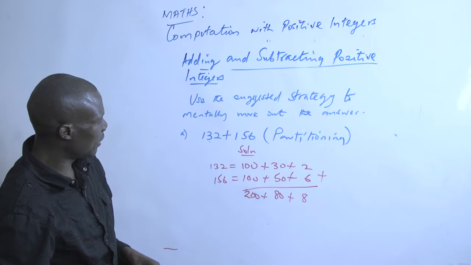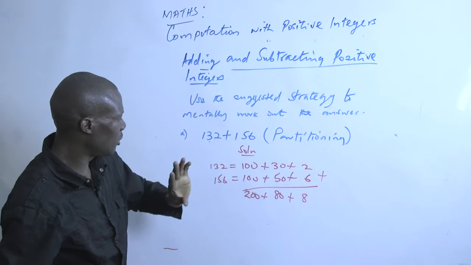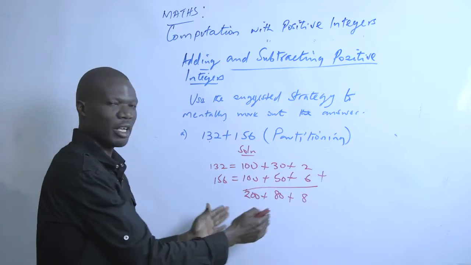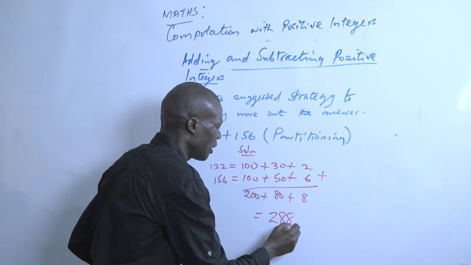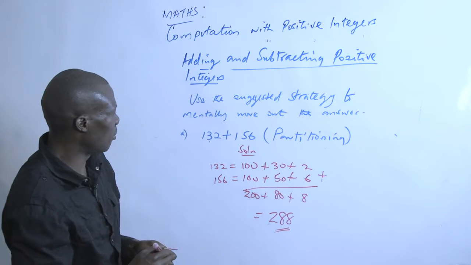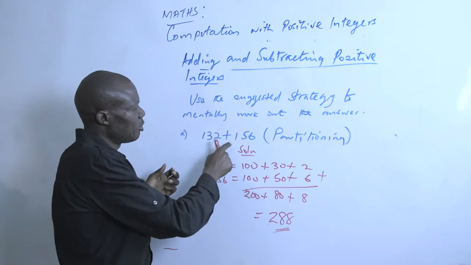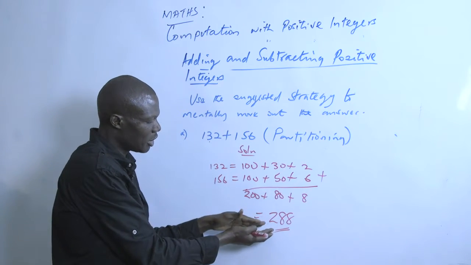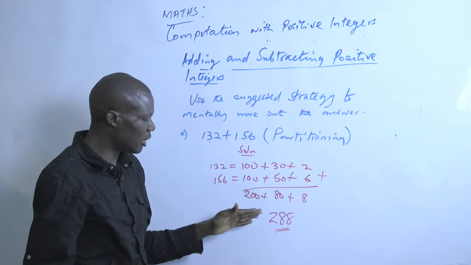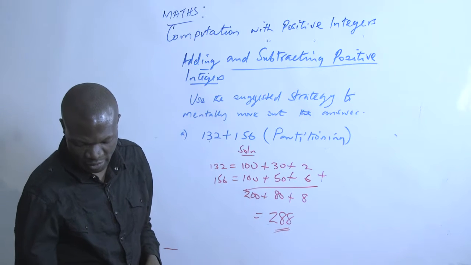So you'll notice that we have grouped them, we have been able to add them. Now bringing them together, you find that our answer is 288. So you have been able to add 132 plus 156 using partitioning, and we've been able to get our answer as 288.